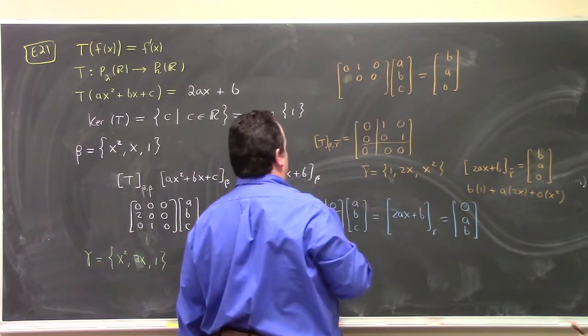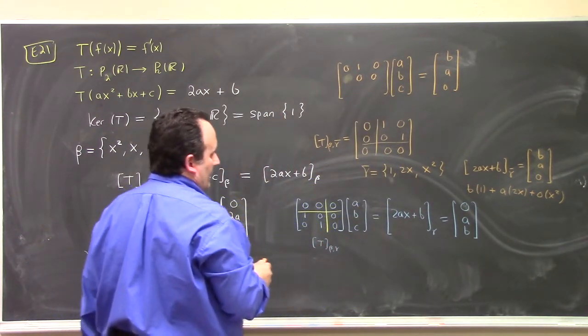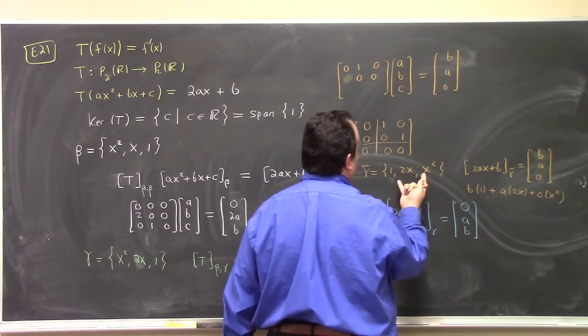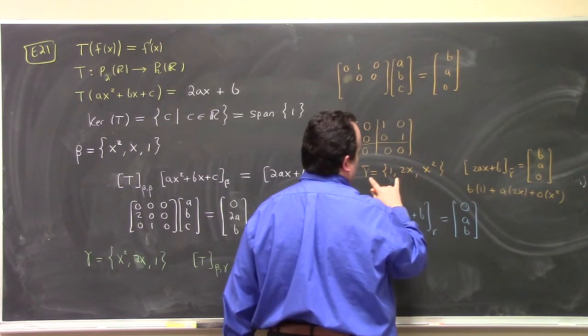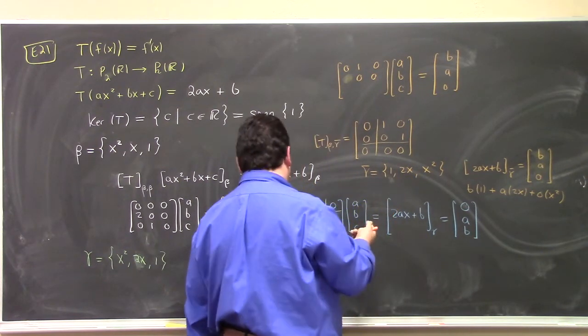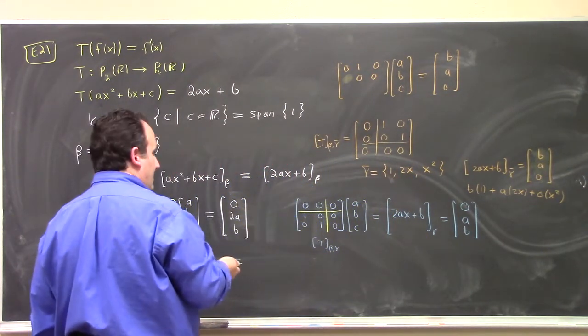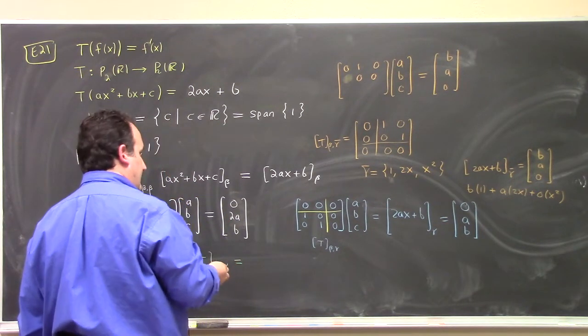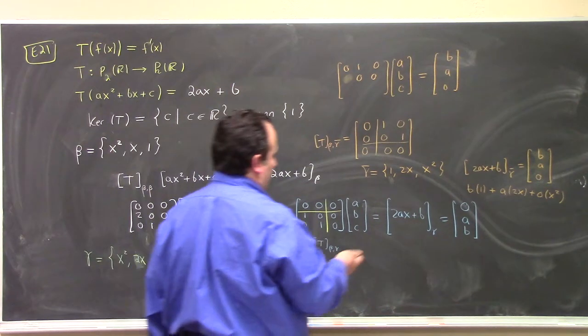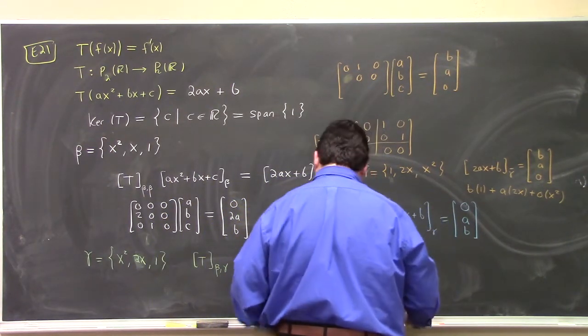I think you need to flip 2x and 1 or something. Oh, so I need to flip. I'm not sure which one just yet. For that one you'd have to have 2x in the middle. I already tried that. Flip the 2x and x squared, I think that'll fix it.